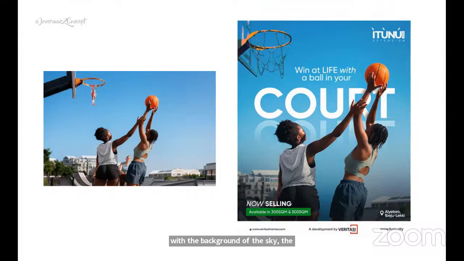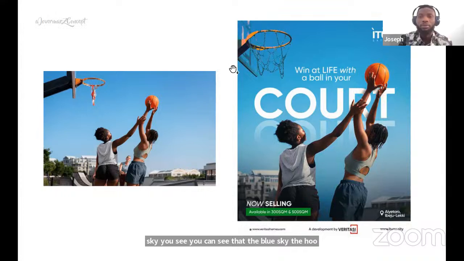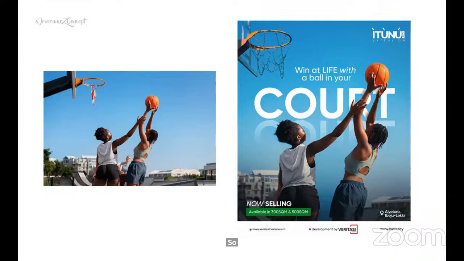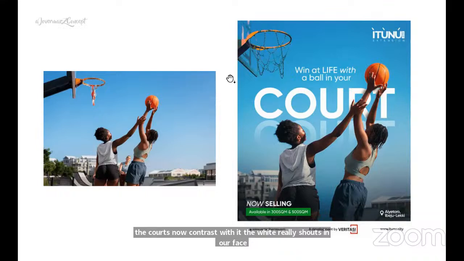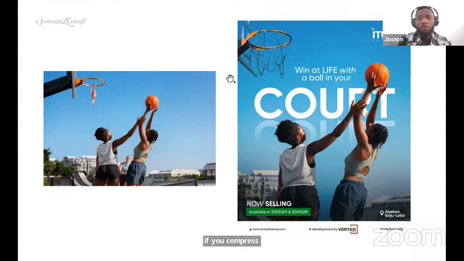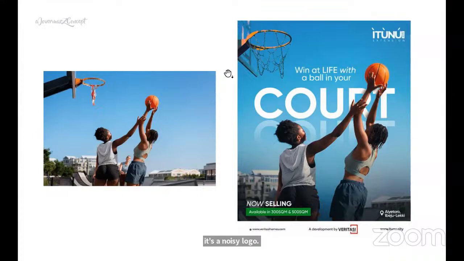You can see that the hue of the blue sky falls down. So the cut now contrasts with it. The white really shouts in our face. If you compare it to Itono, Itono is the logo. But the logo is not what we are selling.